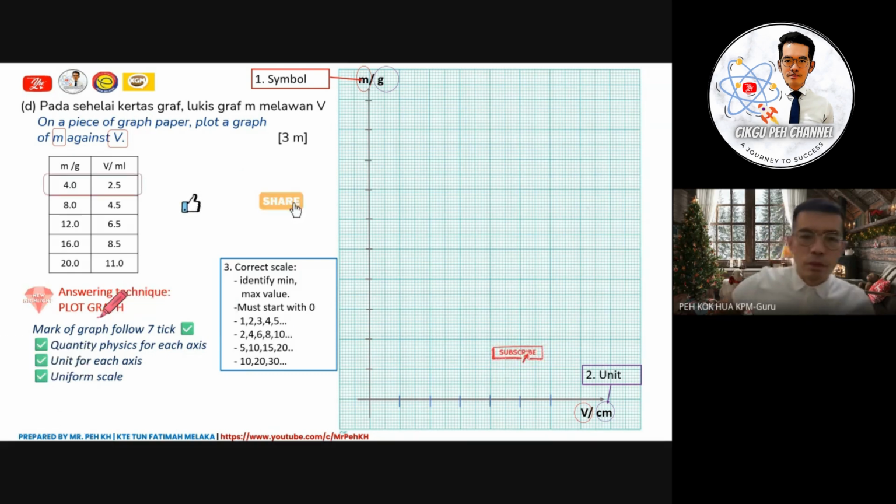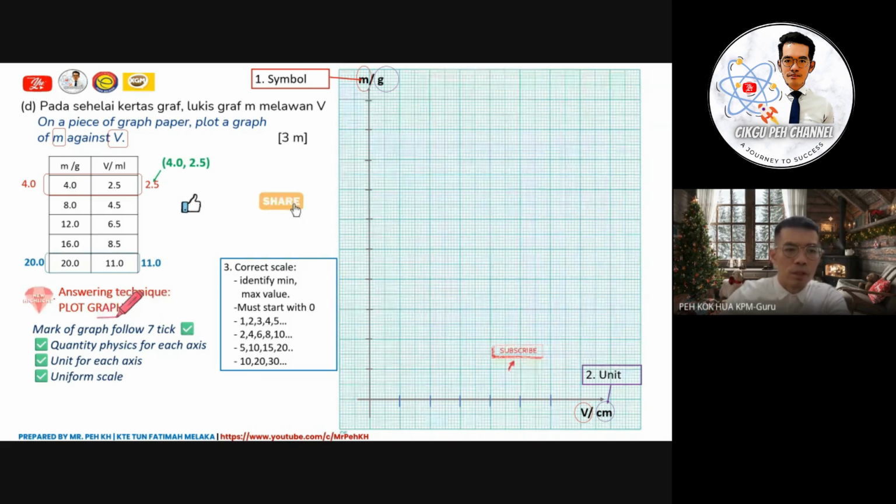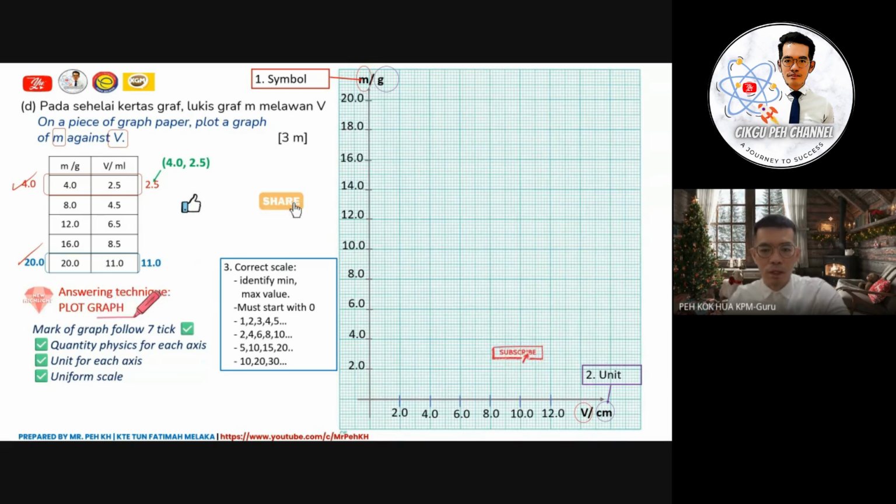Okay, so let's continue. The first reading here is 4.0 and 2.5. Then the last, the maximum value, is 20.0 together with 11.0. So your scale must include the minimum and the maximum value. This is the advanced scale I have given here.